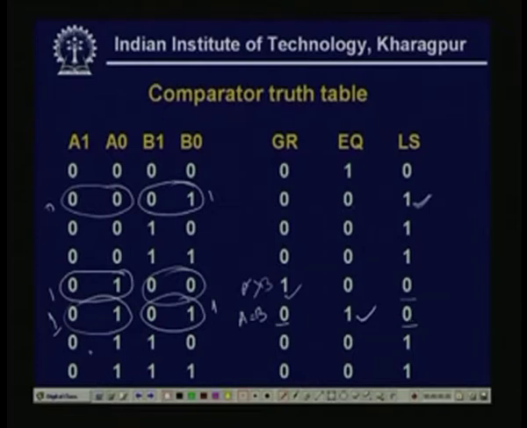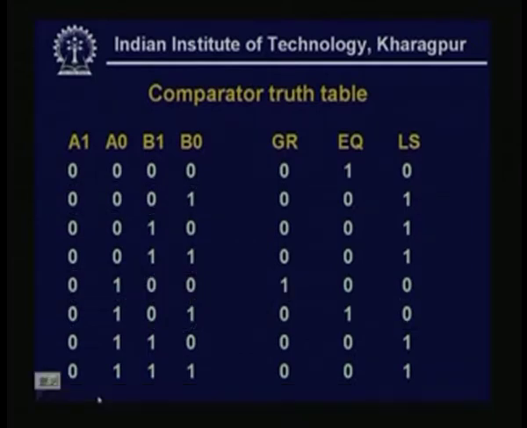So, in this way the 3 output lines will generate the value depending on a particular combination of the 4 inputs. So, this is the whole combination, all possible input combinations are there, and for them what output values should be generated by the system is given.